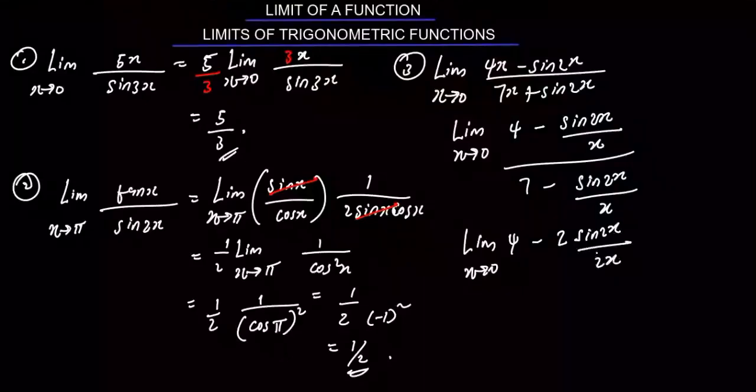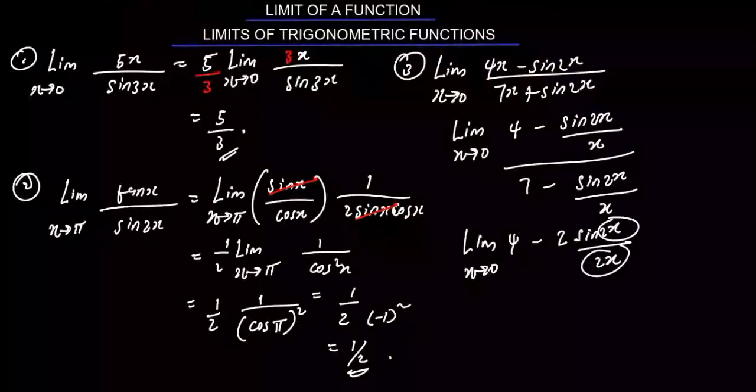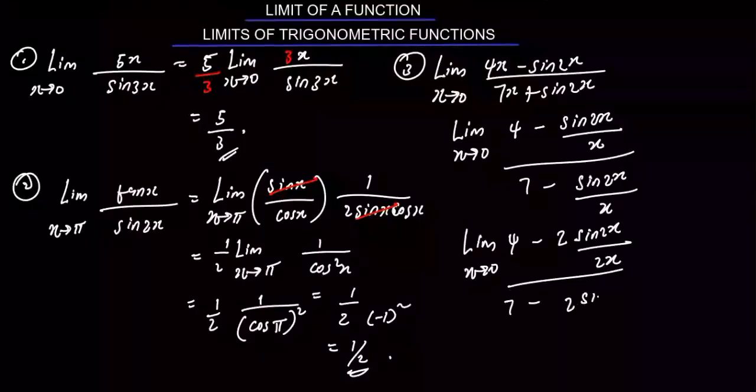Why am I doing this? If this one can cancel this one, I'll still return back to what I have. So we really need to boost our IQ here. I'm putting these two so that this and this will be equal, so I can apply my identity, just like I've learned in this video. 7 plus 2 sine 2x over 2x.